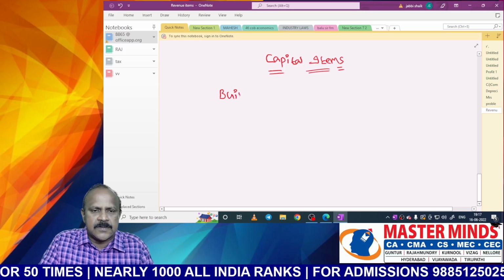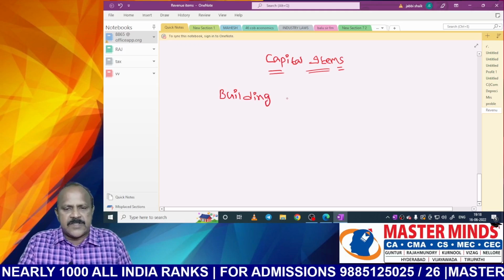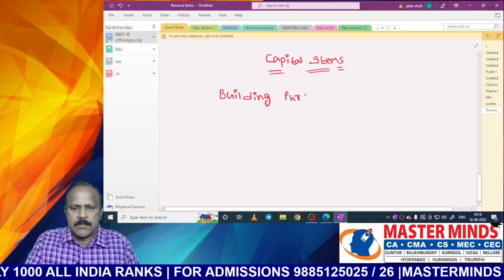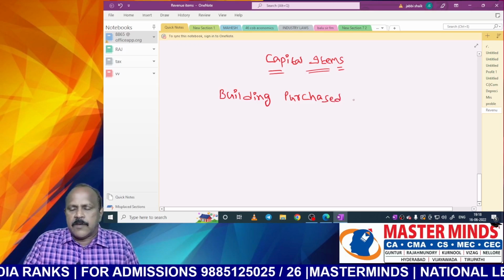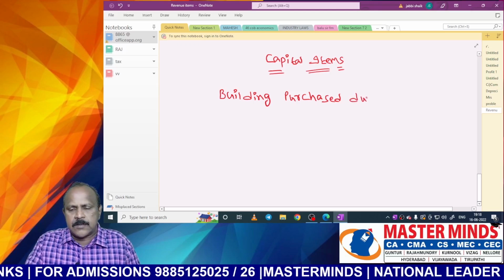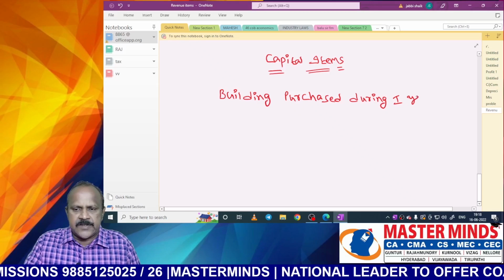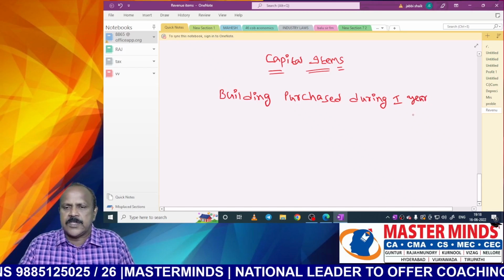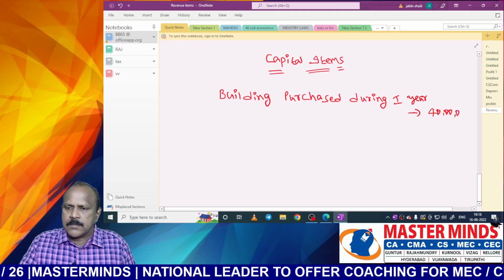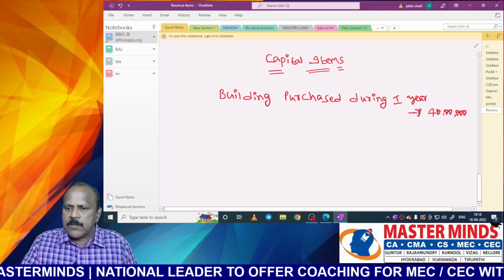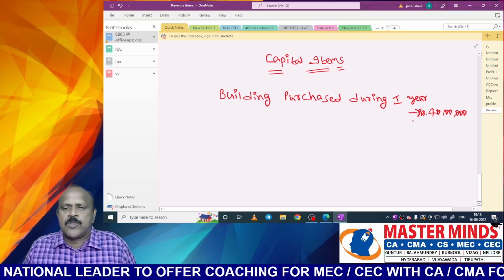Let us suppose we purchased a building during first year with an amount of 40 lakhs.